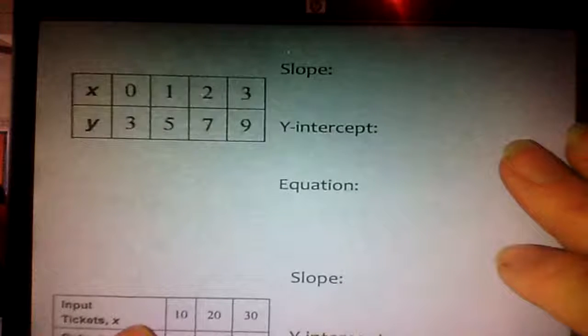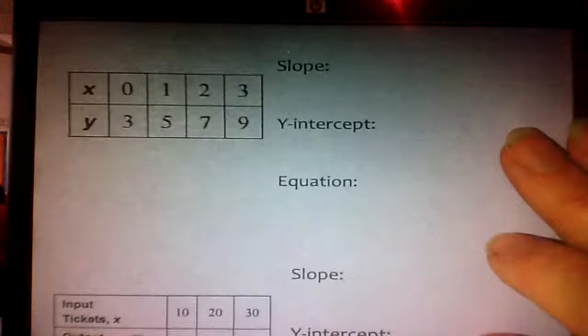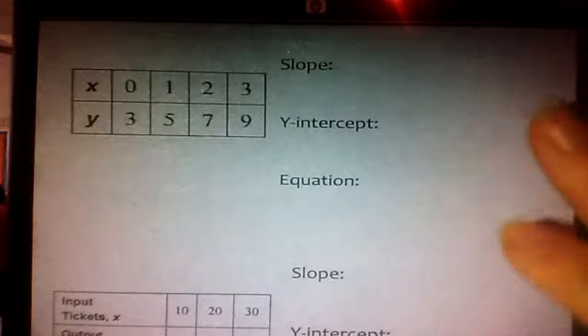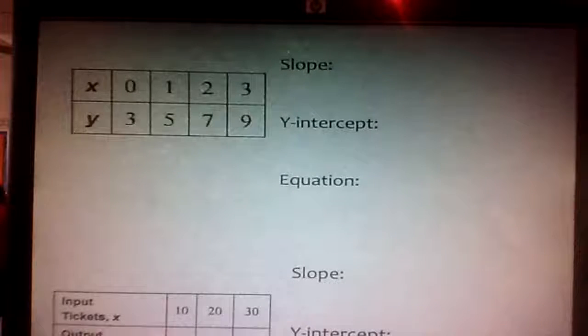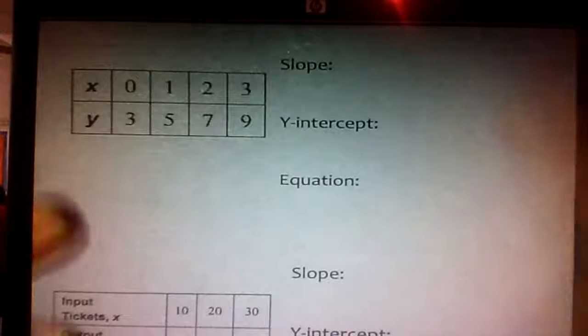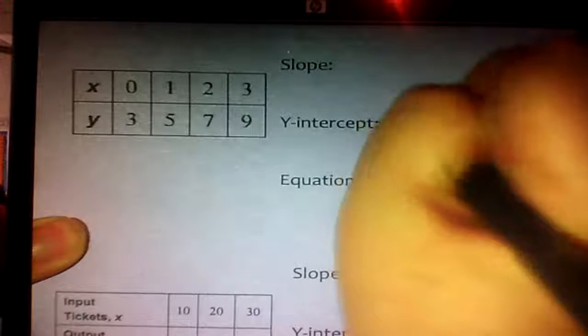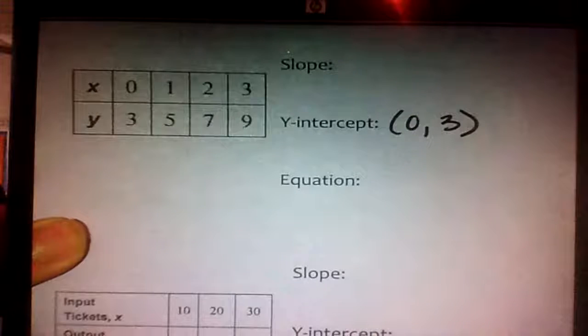Okay, take a look at this one. What information can you get straight from this table? 0, 3. 0, 3 is my y-intercept. See, now we're starting. Your slope is what? 2 over 1.